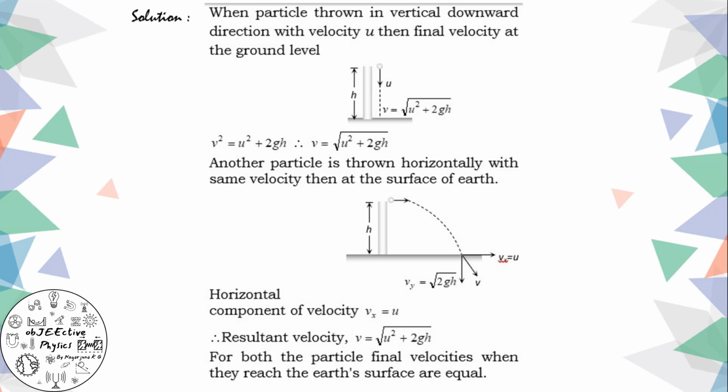On reaching the ground, the horizontal component does not change, so Vx is equal to u, and the vertical component Vy is equal to square root of 2gh. Therefore, resultant velocity V is equal to square root of Vx square plus Vy square, that is equal to square root of u square plus 2gh. In both the cases, velocity on reaching the ground is the same.